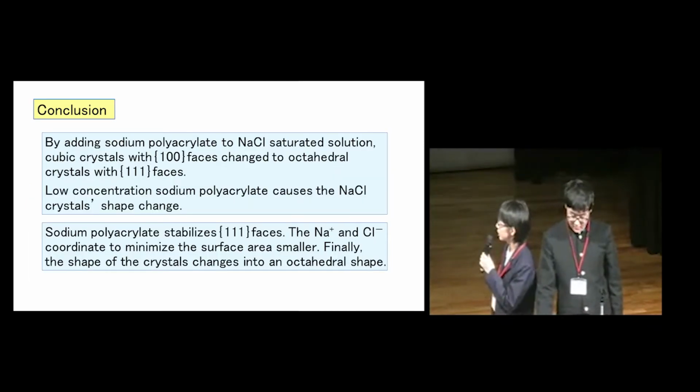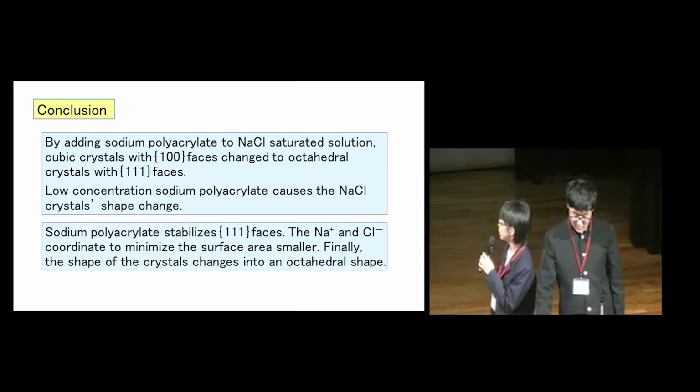In conclusion, by adding sodium polyacrylate to NaCl saturated solution, cubic crystals with 100 faces changed to octahedral crystals with 111 faces. Because sodium polyacrylate stabilizes 111 faces, the Na cation and Cl anion coordinate to make the surface area smaller.